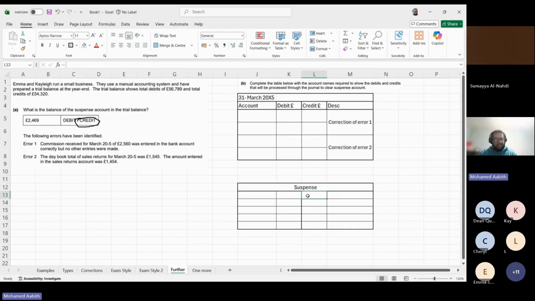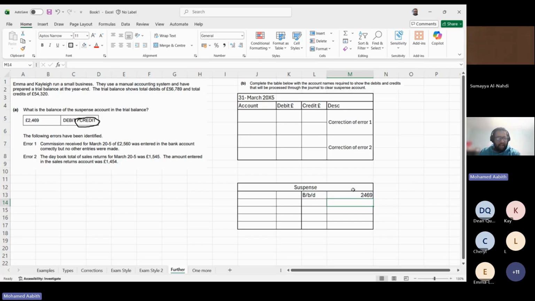So let's say here it's on the credit side, so we say balance brought down for the amount of 2,469. We'll keep that ready, 2,469. We have that amount there. But let's say here, after we corrected these two errors, is the balance getting removed or not.